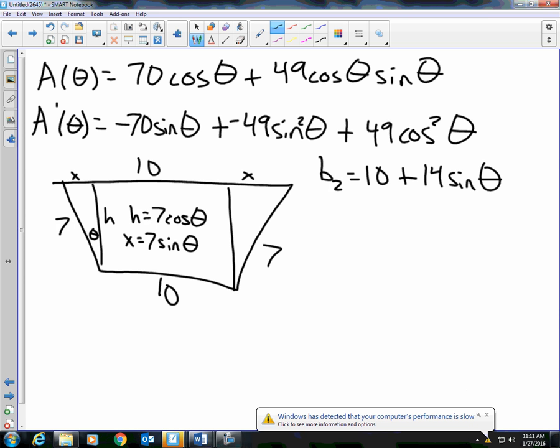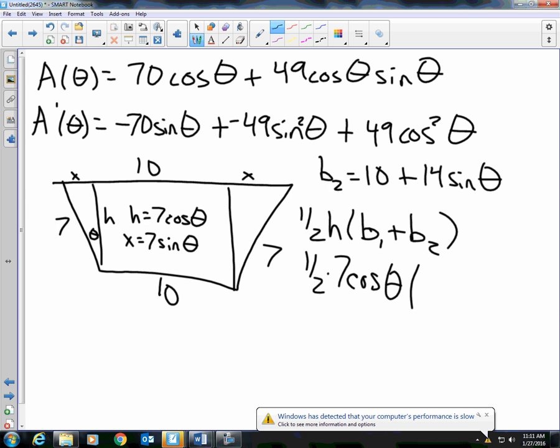And so when we set up our problem, 1/2 times the height times the sum of the bases, b1 plus b2, that's 1/2 times the height, which is 7 cosine of theta, times what is base 1? 10 plus b2, 10 plus 14 sine of theta. So that gives me 20 plus 14 sine of theta.